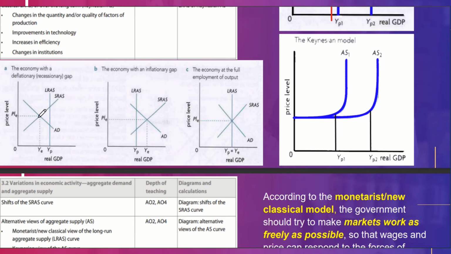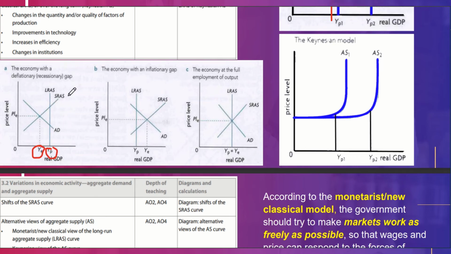This is said to be the general equilibrium level. This is the current, actual GDP of the economy. If the potential GDP is larger than the actual GDP, this is the actual or equilibrium GDP, and this is the potential GDP.